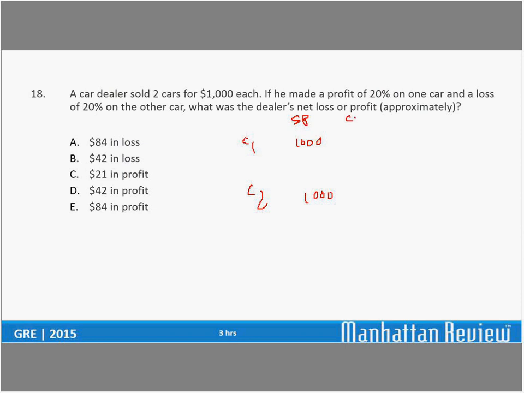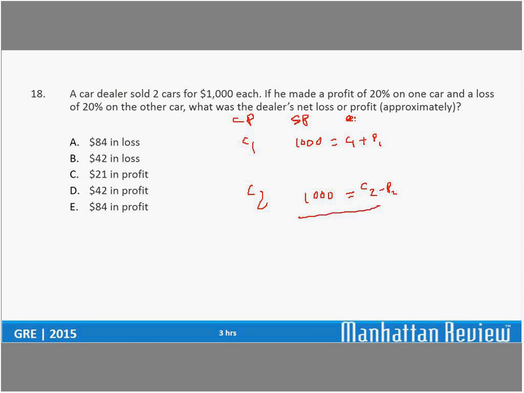Cost price plus profit, and cost price minus loss. Assume there is profit on the first car and loss on the other car. Let me say the cost prices are C1 and C2.